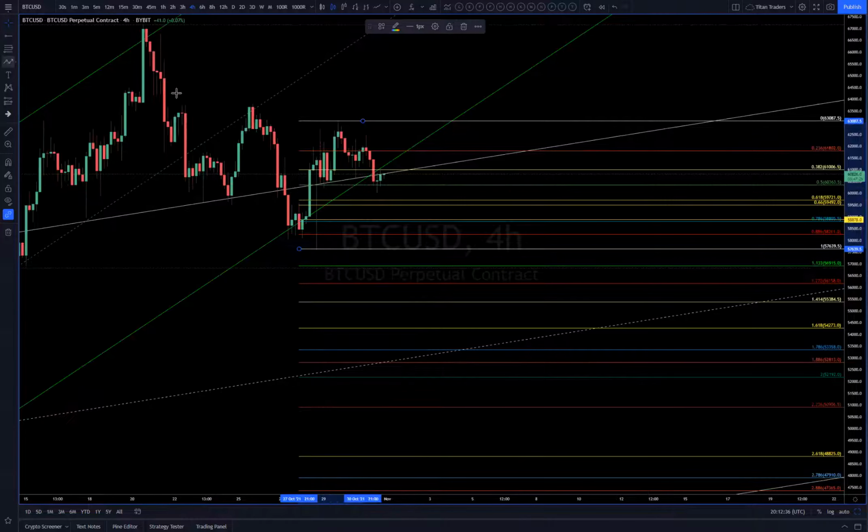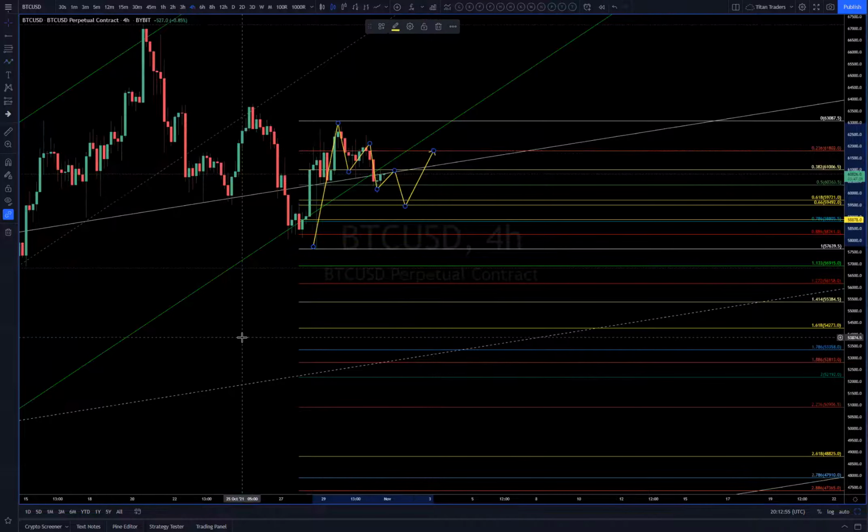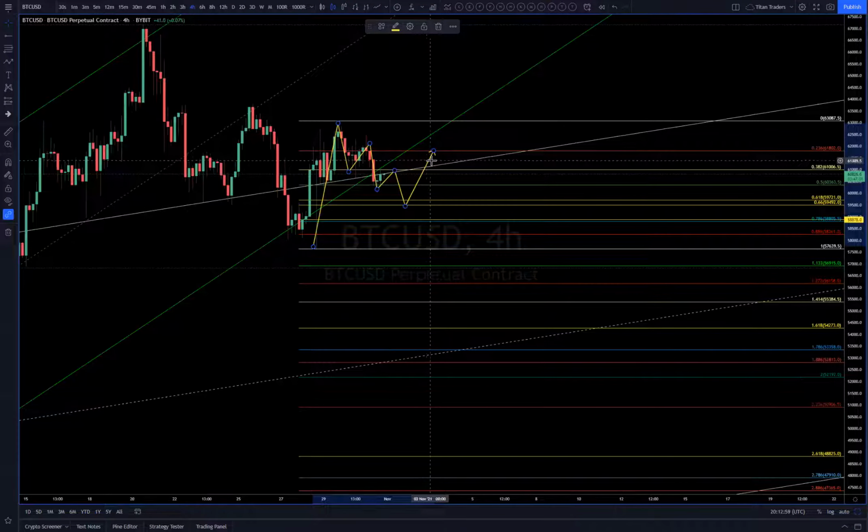I would normally expect price from that high to maybe retrace like this, could even do this, come back down, test the 618, and then try to break the last high. If it does that, I would expect it to go to the 236 area again, which would be ideal if I'm looking at it from a really low time frame.